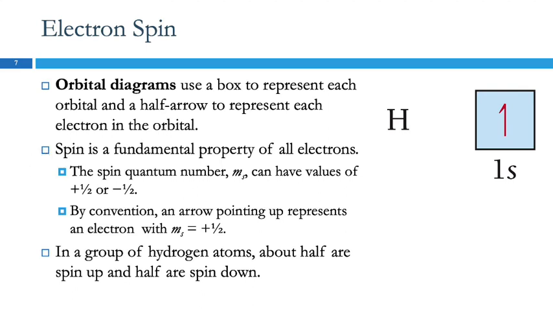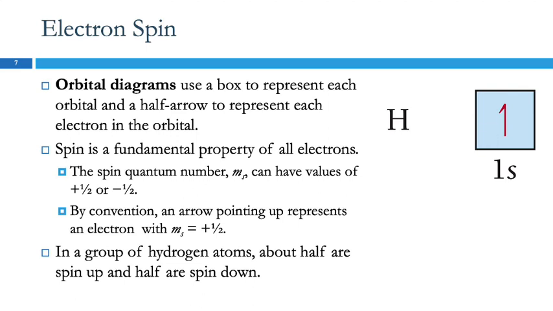Spin is a fundamental property of electrons. That quantum number can be +1/2 or -1/2, and we can think of it as like being a top spinning clockwise or counterclockwise, even though that's not exactly what it's doing. Here we're showing in this orbital diagram that this electron is spin up, or +1/2 for its spin quantum number.